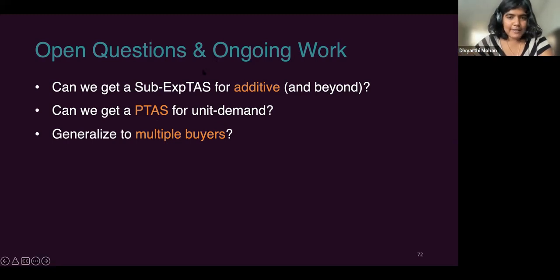So can we improve our upper bounds to polynomial time approximation schemes, or can we prove stronger lower bounds? Also note that in this whole talk, I've only talked about the single buyer setting, but the multiple buyer setting is also very interesting and has been very well studied. So can we generalize our results to the multiple buyer setting in some way?